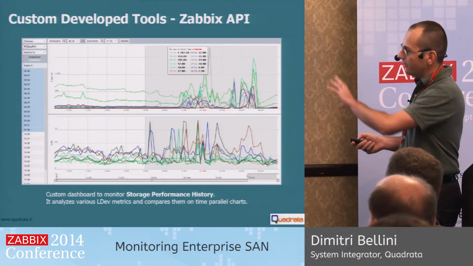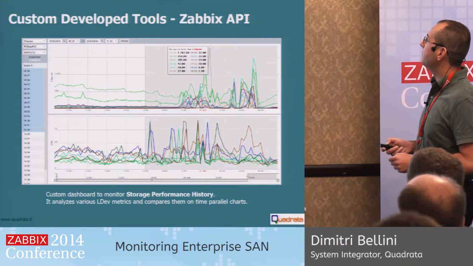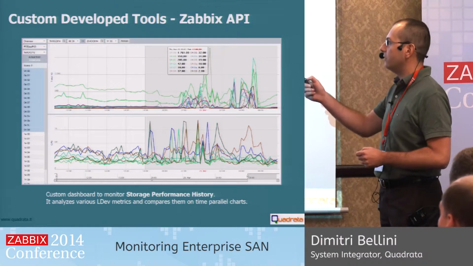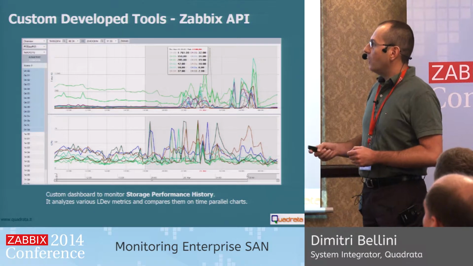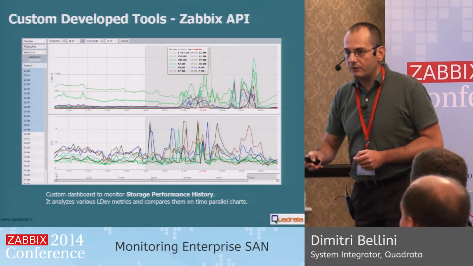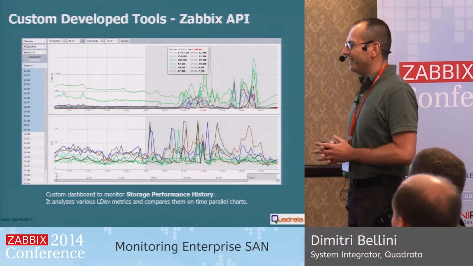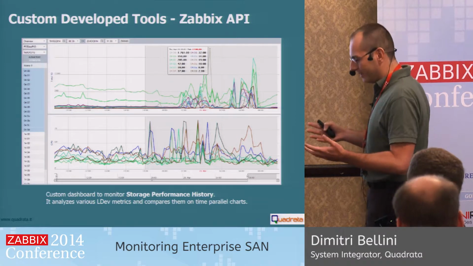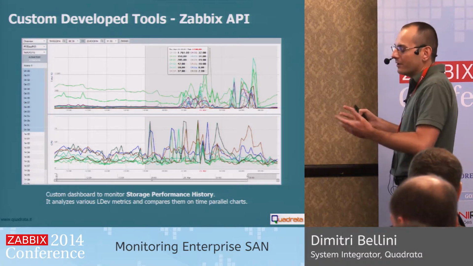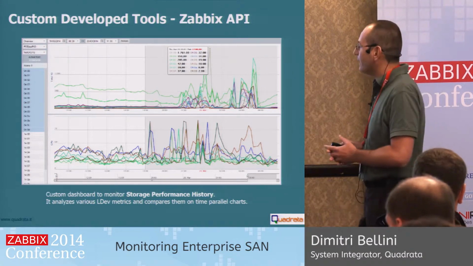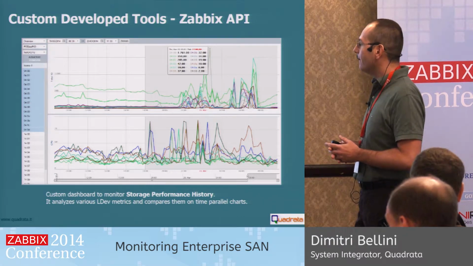dashboard. Here is another example of the Zabbix API in another dashboard for a storage array, because the storage array is another enterprise device, common, that you can find in these big companies.